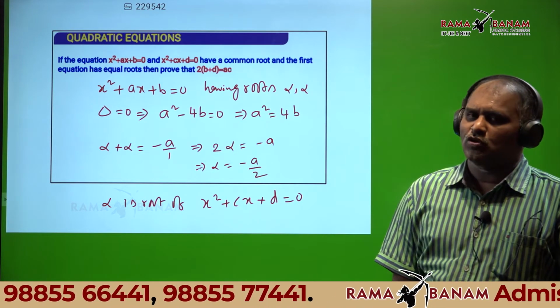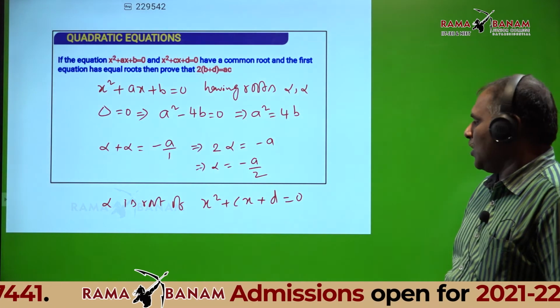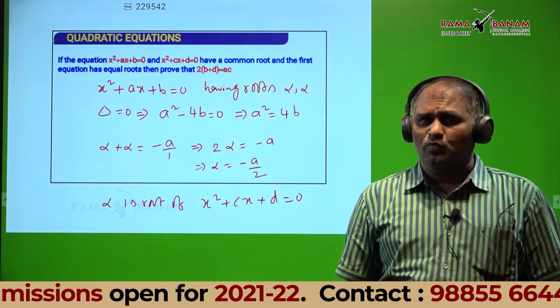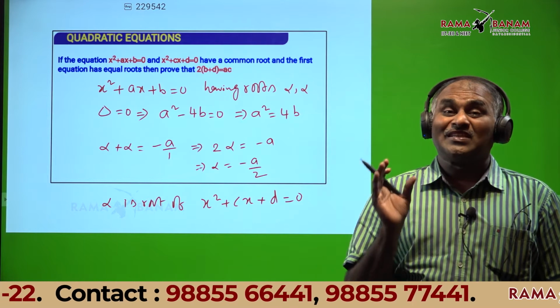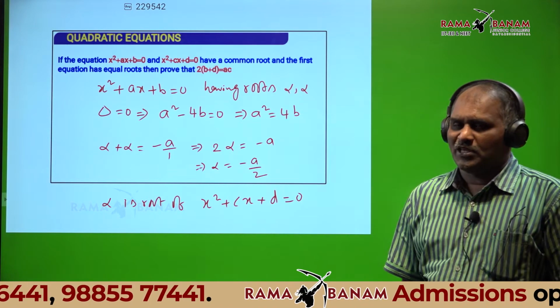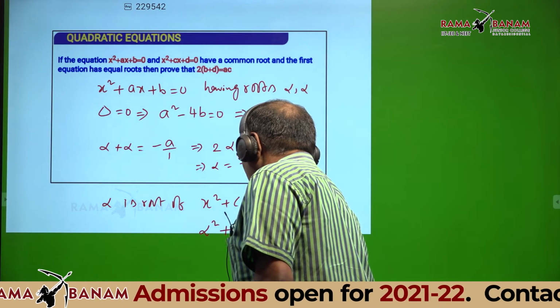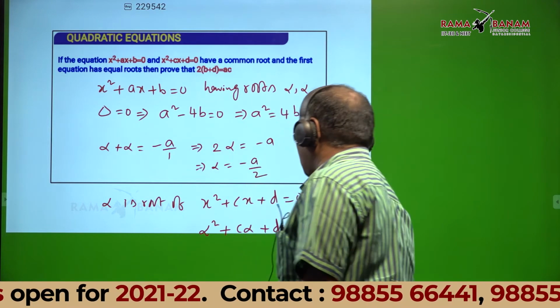If a value is a root of an equation, then substituting that value must satisfy the equation. That is alpha square plus c alpha plus d is equal to 0.